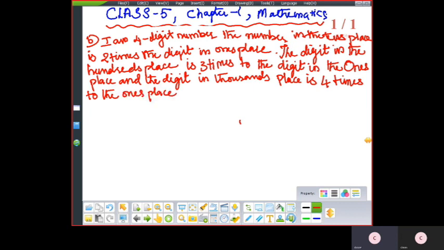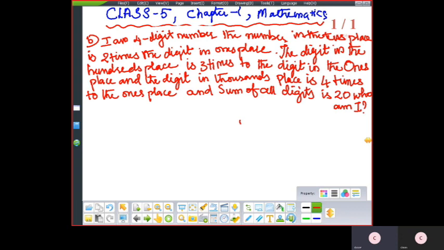Okay, and the last one, the sum of all the digits is 20. Who am I? So this is our question.